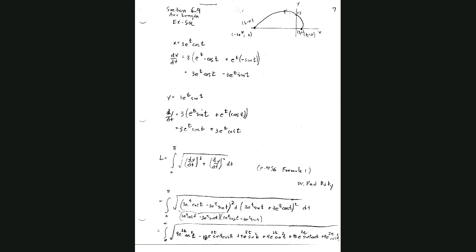This is what this arc looks like. Starting at t equals 0 and ending at t equals pi, this is what the arc's going to look like. So to use the formula, we have to find the derivative of x with respect to t and the derivative of y with respect to t. And of course, we're going to use the product rule in each. Let me give you a moment to copy that down.